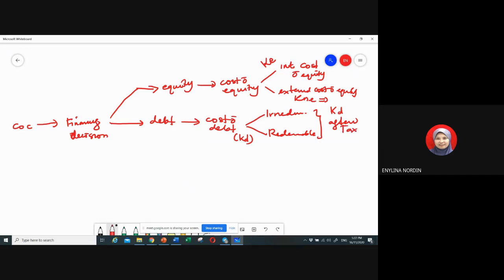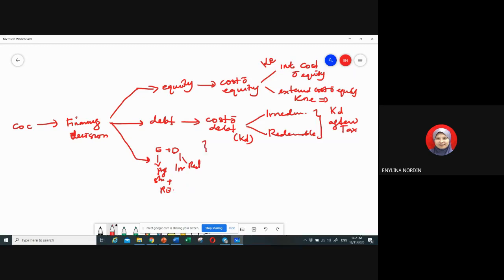Somehow we do have companies that combine equity and also debt. The equity includes the preference shares and also retained earnings, and debts include either irredeemable or redeemable.